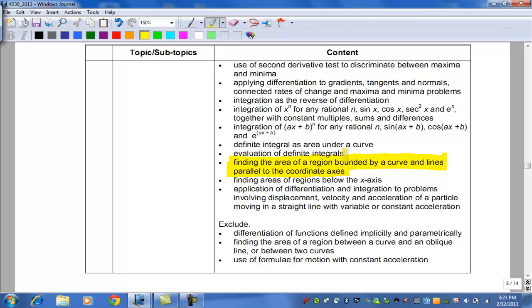But what you have not learned is the concept of finding the area of the region between a curve and an oblique line, or between two curves. So let's revisit example 8 to look at this concept before discussing what you have not learned before in O level.